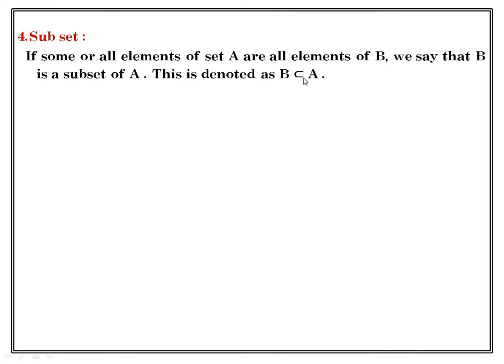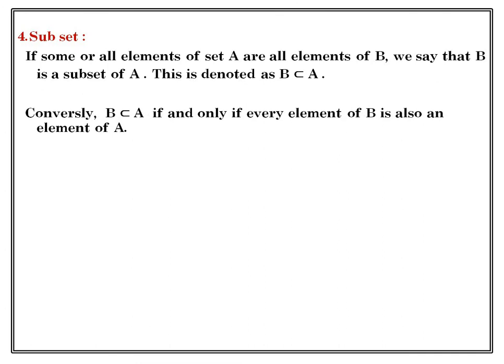So this symbol is called subset. So here, whatever elements exist in B, all exist in A. Means set A has elements that are existing in B as well as it contains others also.